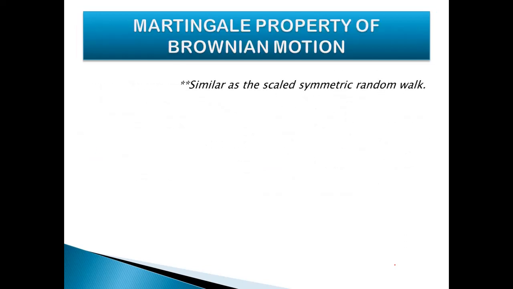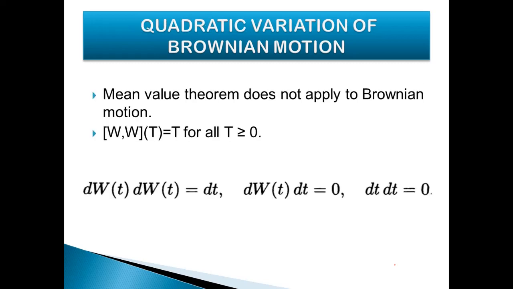Then we have the quadratic variation, which will be [W,W](T) equals T. Like always, it is the random walk, symmetric random walk, and then the scaled symmetric random walk. Both of them are the same, and the same thing happens for the Brownian motion. The quadratic variation [W,W](T) equals T, and the Brownian motion W(t) also satisfies the martingale property.